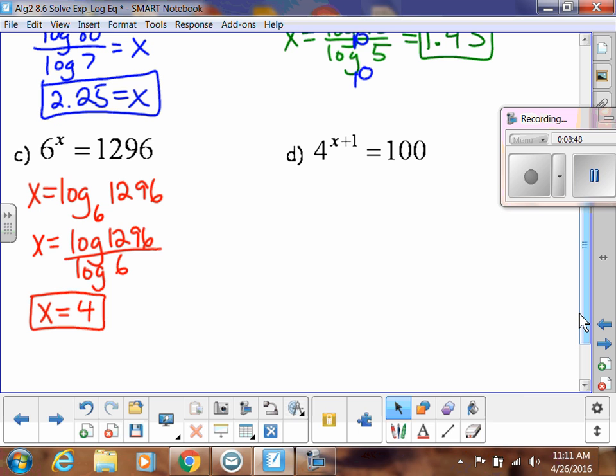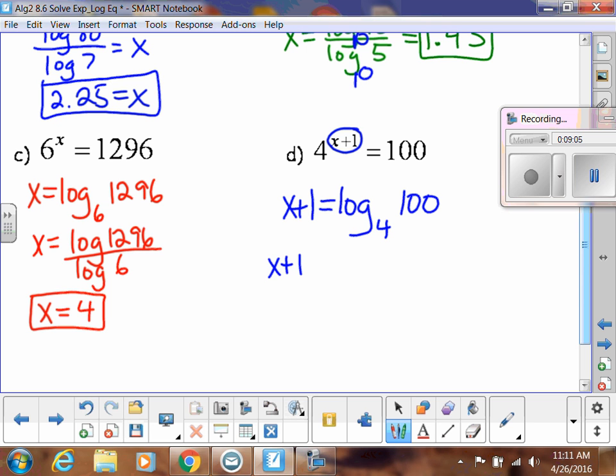And then on D, what's going to happen with this? Well, we're still going to do the same process. That's my exponent, so I'm going to have my exponent is equal to the log base 4 of 100. So I'm still going to do my change of base. It's just instead of having x equals that, I have x plus 1 equals that. So I have log of 100 over log of 4. So I'm going to get that value in my calculator.